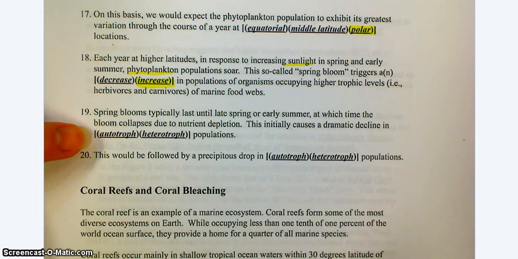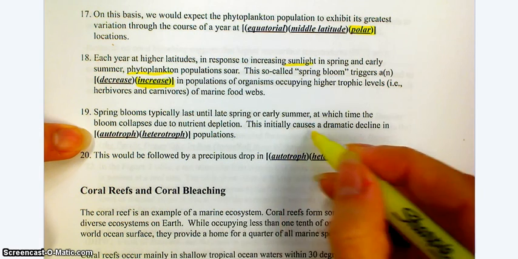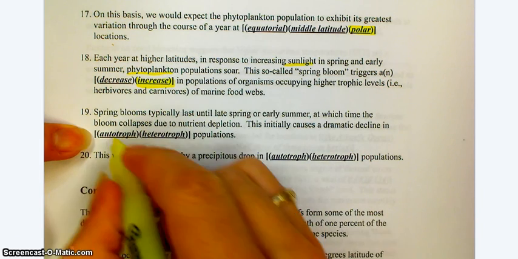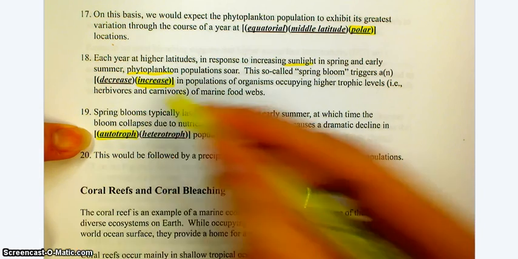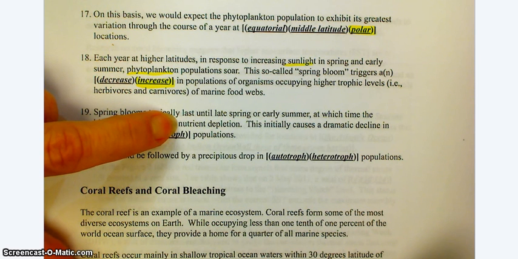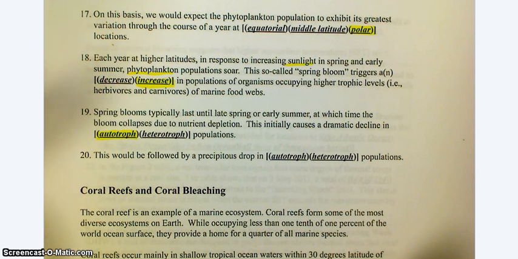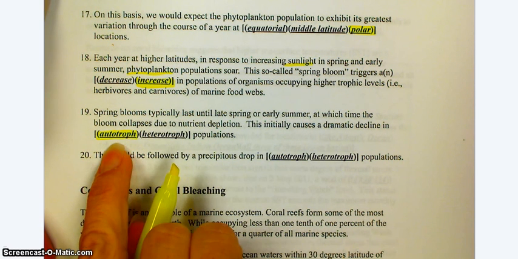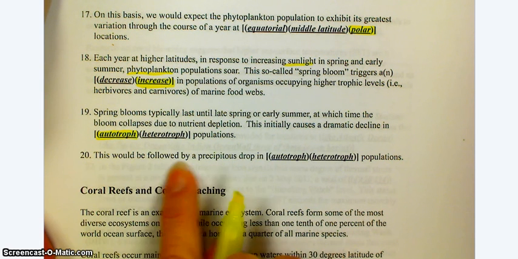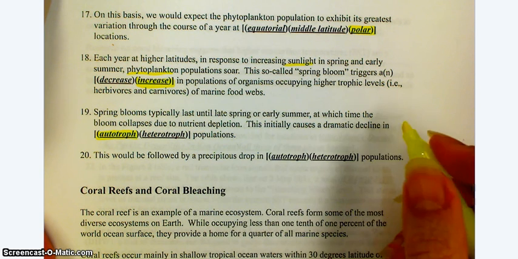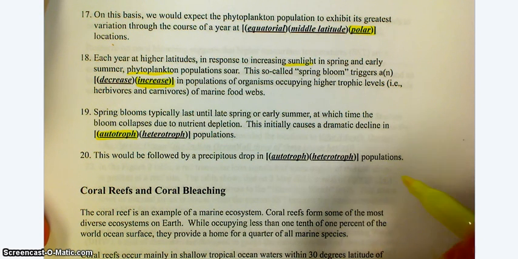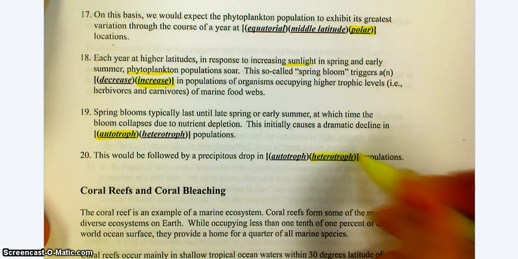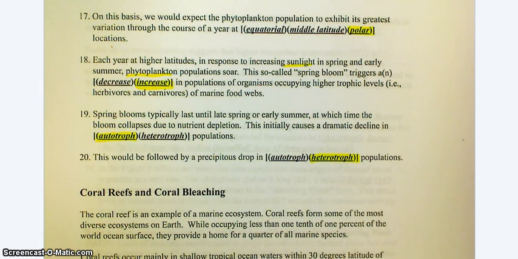Okay, so this initially causes a dramatic decline in autotrophs, because there's no more nutrients to support their growth. And when autotrophs decline, that's going to be followed by a precipitous drop, meaning a really sharp drop in all of your heterotroph populations. Okay, remember that heterotrophs are your consumers, your carnivores, your omnivores, and your herbivores.